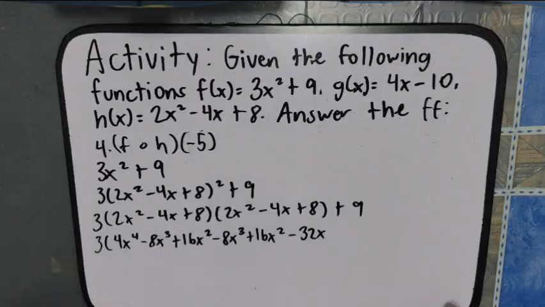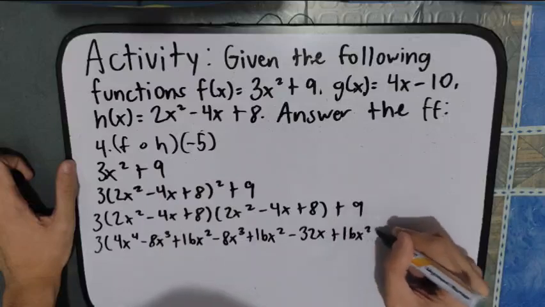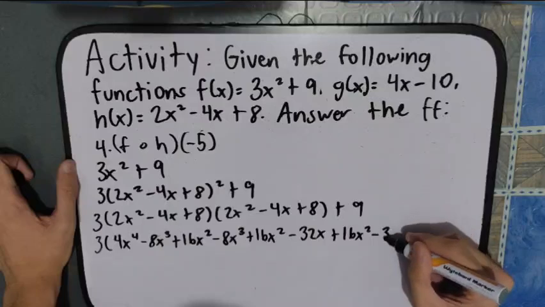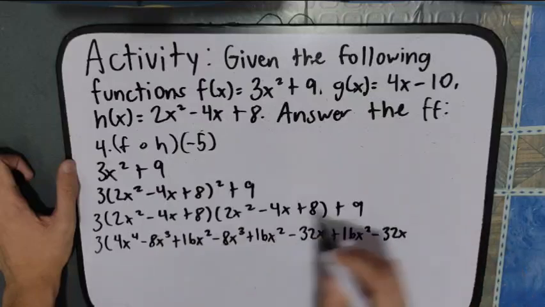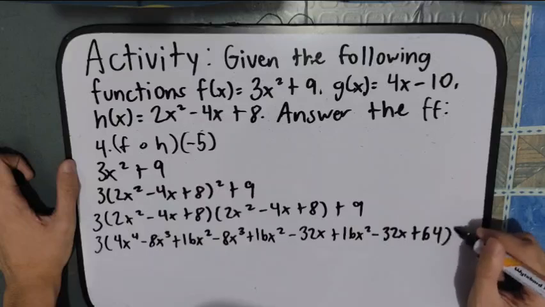Then the last term, 8 times 2x squared, we have positive 16x squared. 8 times negative 4x, we have negative 32x. And then 8 times 8, we have positive 64. And then we're going to copy 9.